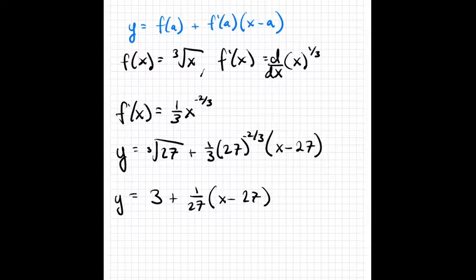So it looks like it's 1 over 27 times x minus 27. I'm going to go with this. If we distribute the 1 over 27 and combine like terms, we get 1 over 27 times x, minus 1, so then plus 2.